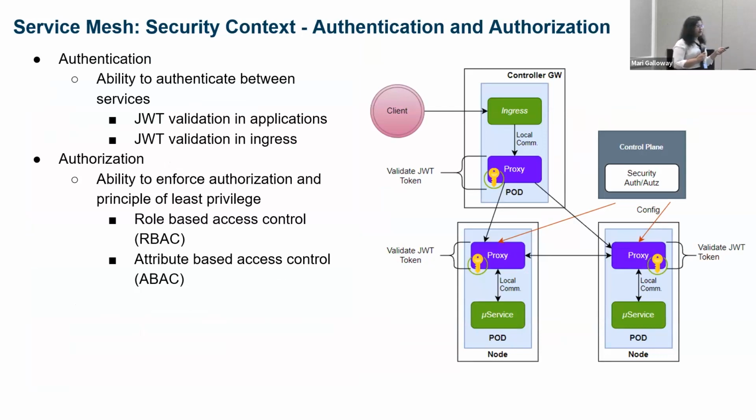Whichever policy is set, that is what the control plane will communicate to the proxies, and every proxy has the feature to validate JWT tokens. For every communication passing from proxy to proxy, the JWT tokens are validated, and that's how the service mesh ensures that the security of the whole service mesh is maintained.